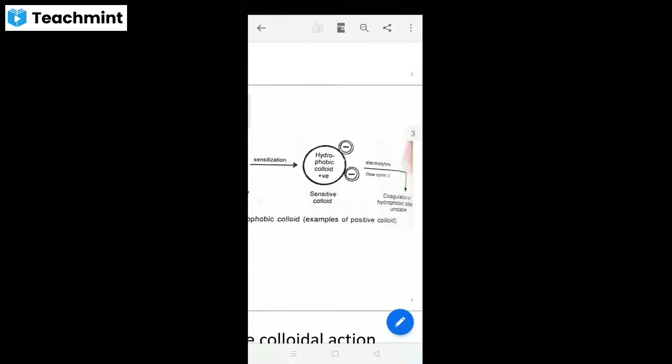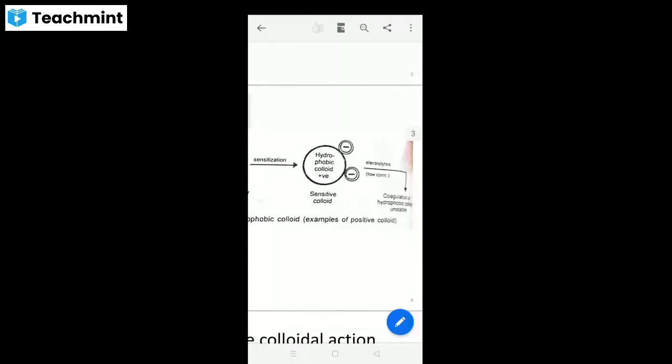Here the hydrophobic colloid gets adsorbed by the hydrophilic colloidal particle. If we add electrolytes to it, then further coagulation may occur.